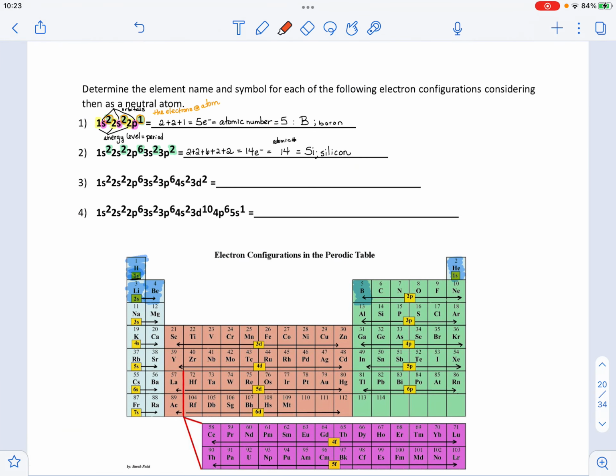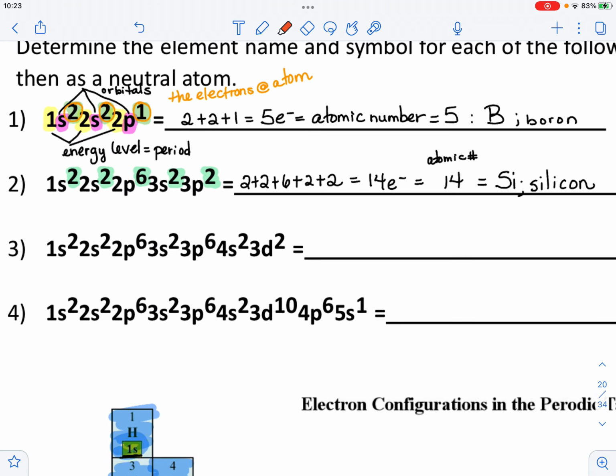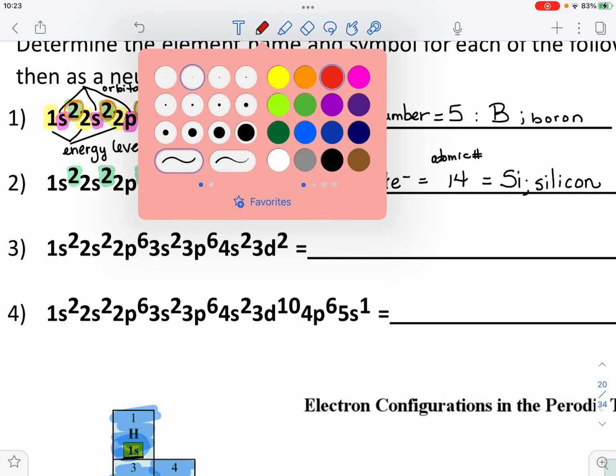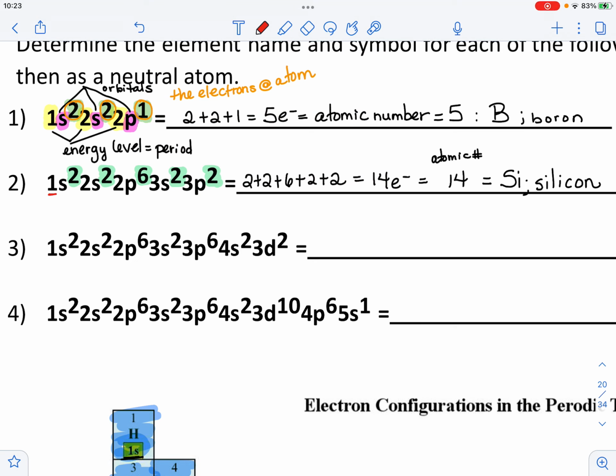So if I look at my electron configuration, okay, if I look at the second problem, what is that outermost shell? Well, specifically what I'm paying attention to is these large digits, and I'm comparing 1 versus 2 versus 3.